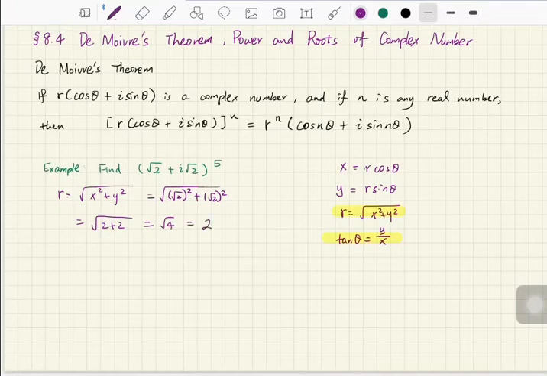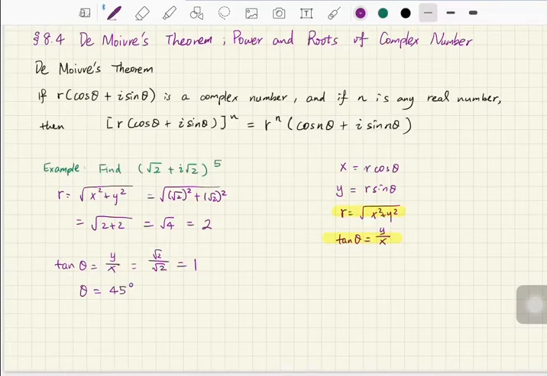So r equals positive 2. Next, we're going to find theta by finding tangent of theta, which is y over x, square root of 2 over square root of 2, which is 1. So theta is going to equal 45.